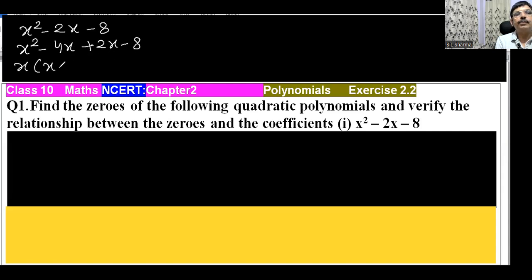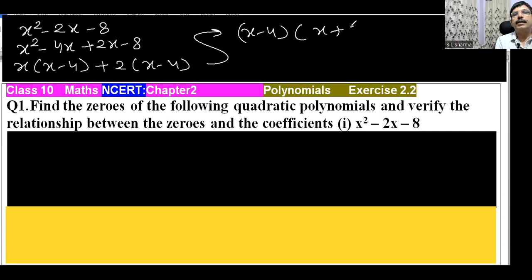Taking x common, x minus 4, plus 2 common, x minus 4. So the two factors are x minus 4 and x plus 2. In this way, the quadratic polynomial x square minus 2x minus 8 has two linear factors, meaning the degree of each factor is 1.